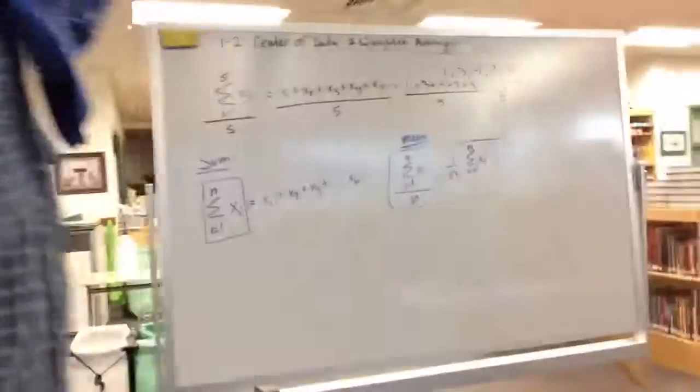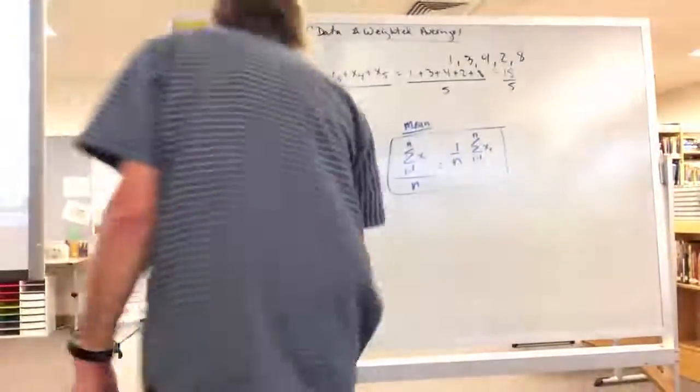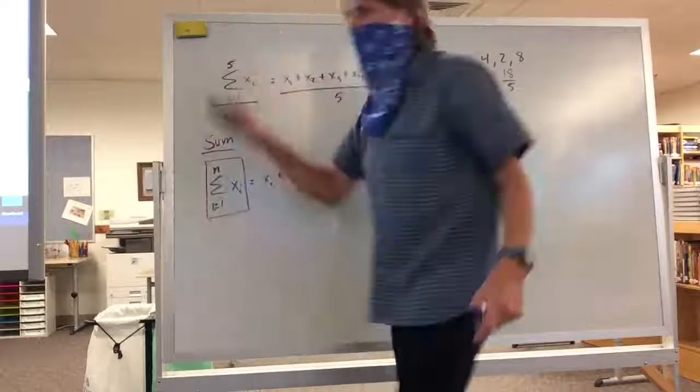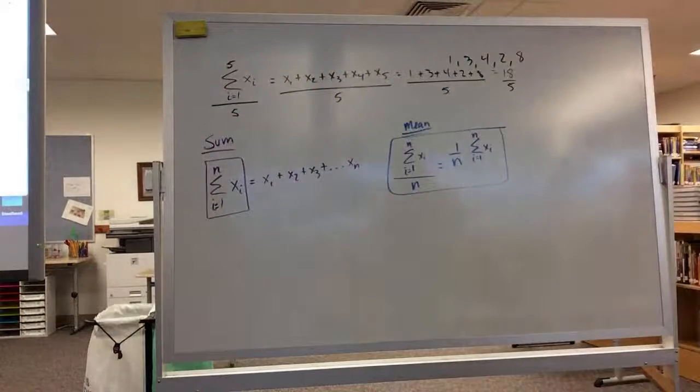This is weighted averaging. And we can refer back to the book, but I want to put it all up here on the board and try to explain how we work with this. So when we do weighted averaging, we're saying that not each term has the same influence. Some terms will have more or less of an influence.